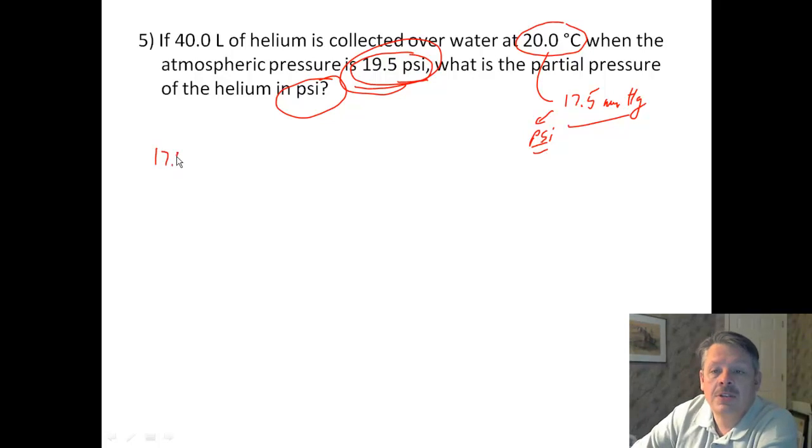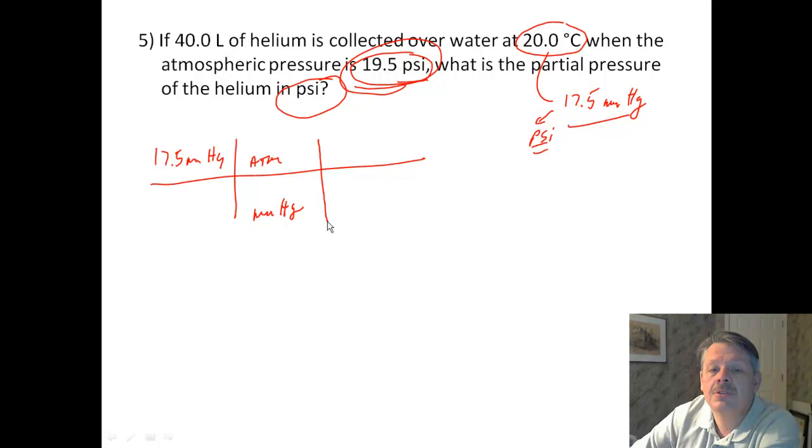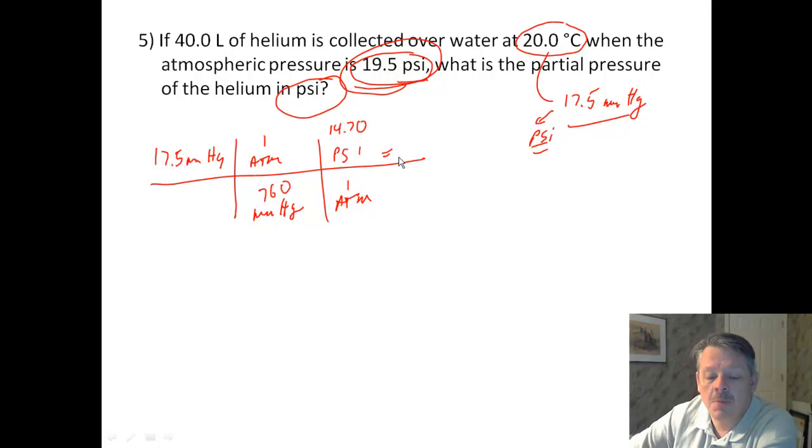So let's take our 17.5 millimeters of mercury, and let's convert it from millimeters of mercury to atmospheres, and then from atmospheres to PSI. And 1 atmosphere is 760 millimeters of mercury. 1 atmosphere is 14.70 psi. If I multiply that out, I get 0.338 psi.